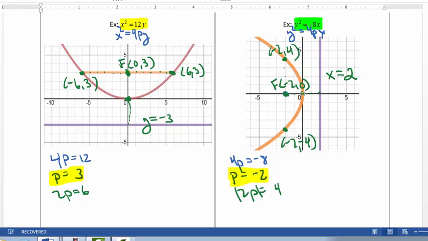So again, these would be the 3 points that I would have wanted to graph, right? -2, 4, the vertex 0, 0, and then -2, -4, and then just connect with a smooth curve, right?